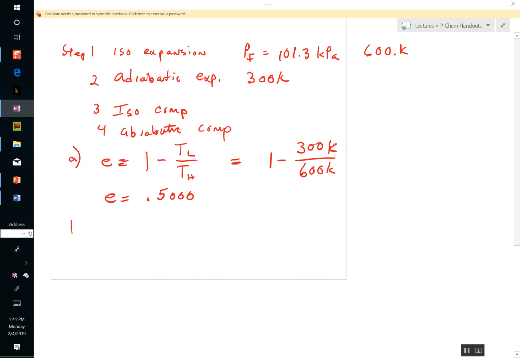All right, so that's the efficiency. I don't know if we'll work out this whole problem, but Part B asks you to calculate the Q high, the Q low, and the work of the whole cycle.